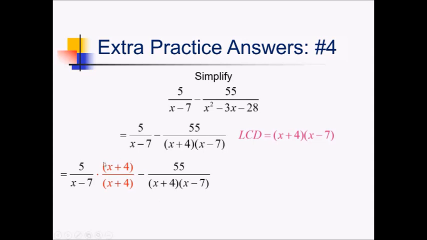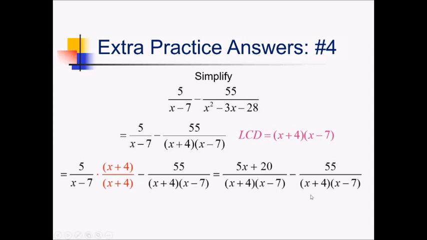All right, let's multiply this first fraction out now to simplify it a little bit. So in the numerator here, I have to distribute that 5, so that's 5 times x, 5x, and then 5 times 4 gives us a plus 20. In the denominator, we should have x plus 4 and x minus 7. That's the LCD that we were trying to get. And the second fraction here, don't forget that. That's still hanging around.